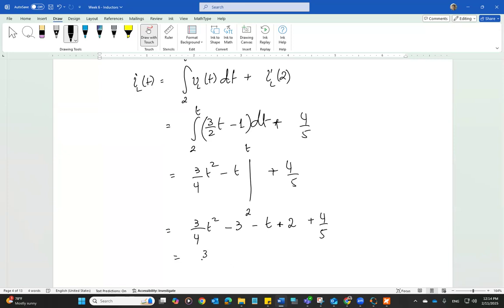So my equation is a quadratic equation or parabolic equation for my current. -3 plus 2 is -1, and -1 plus 4 by 5 is going to be -5 plus 4 is -1, so -1 by 5, right? -1 by 5.